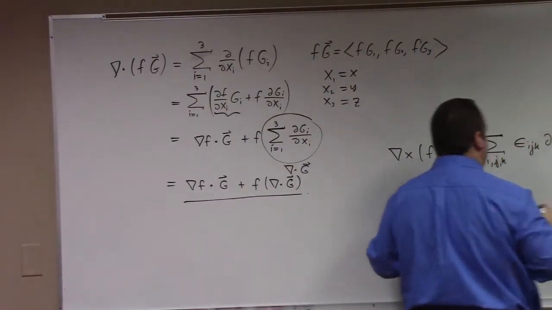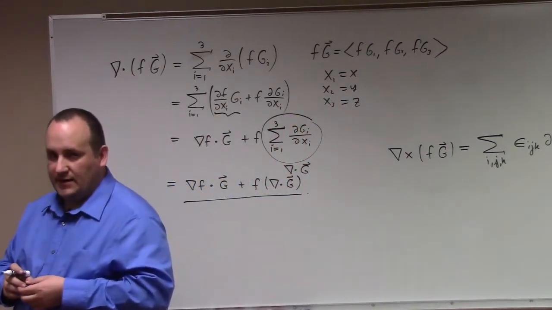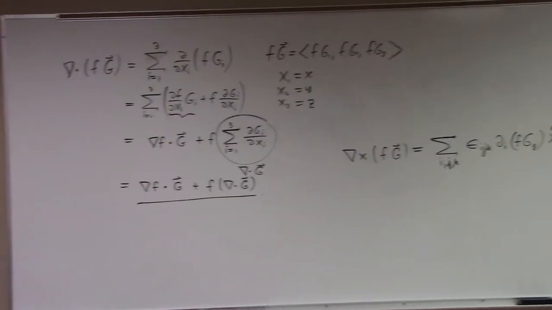There's my formula for the curl as it applies here, because the ith component of the thing being curled is F times G_i. And you go from there. It's a product rule. Rewrite it as two sums. If I write much more of it, I've solved it.